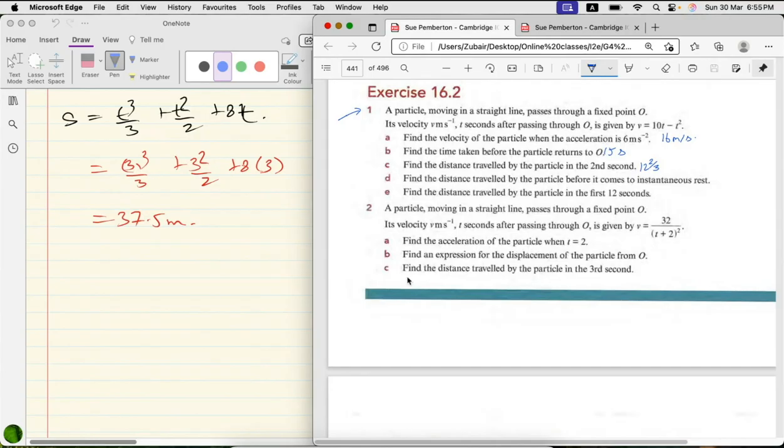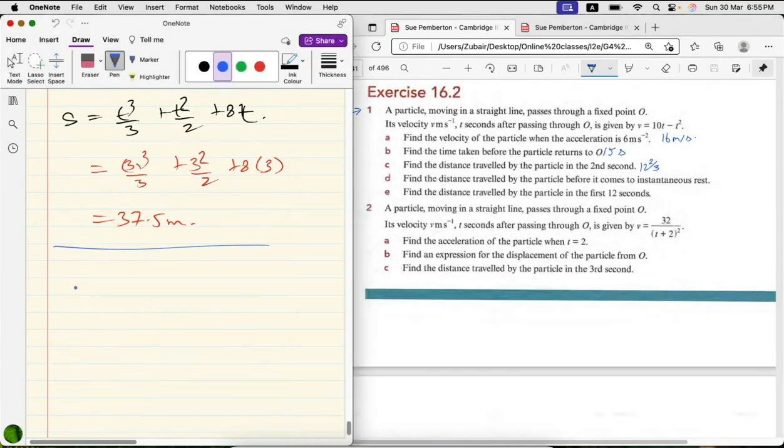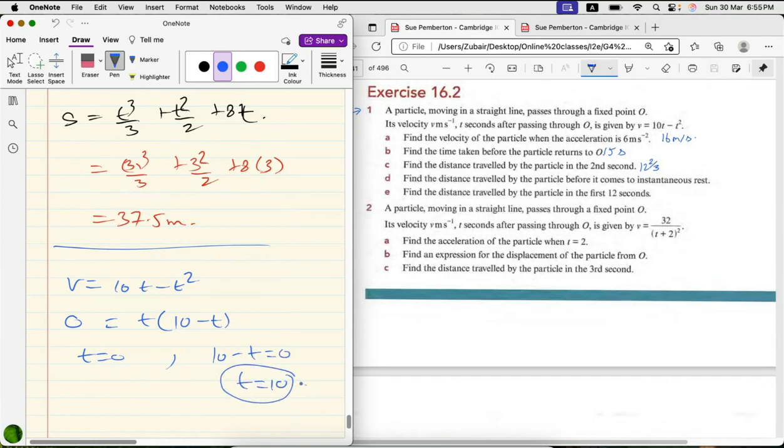I'll check over it. I'll also do that with you. The equation is given. Yeah, it does. It changes direction at 10. So you have to find distance at 10 also. And then solve.